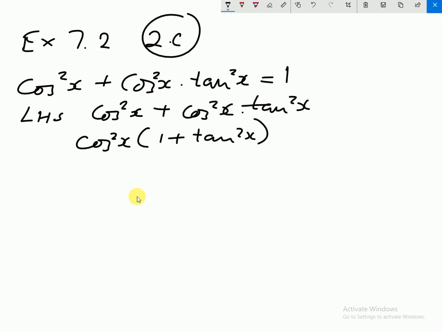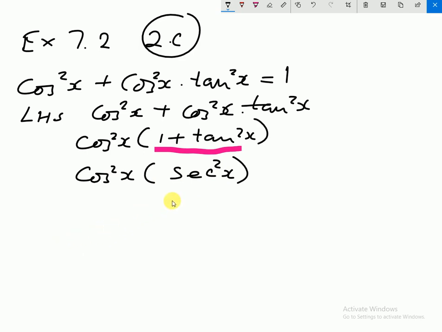Alright, people. Do you remember the square identities very well? Can you tell me what this is? This is sec squared x.